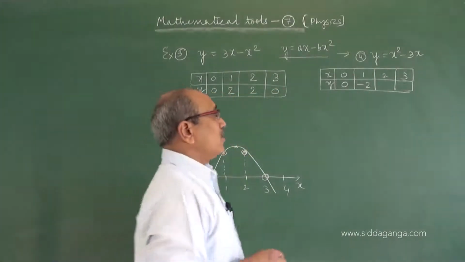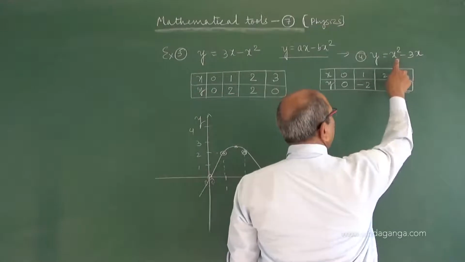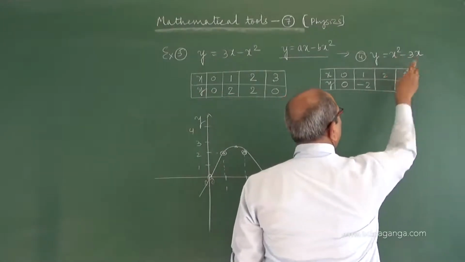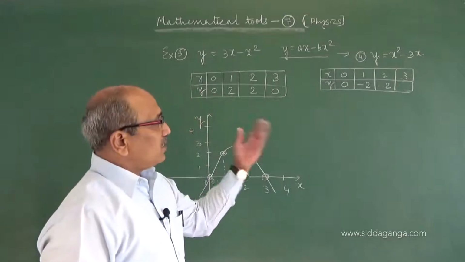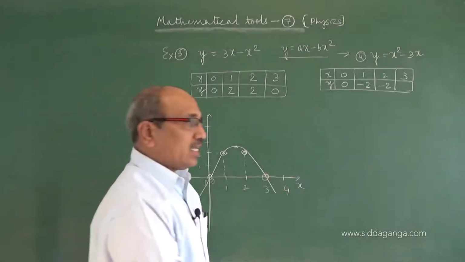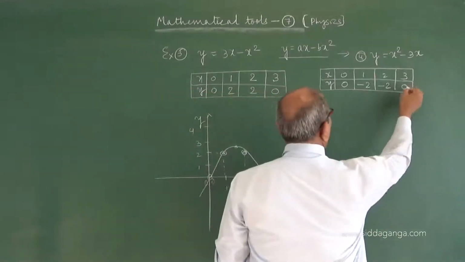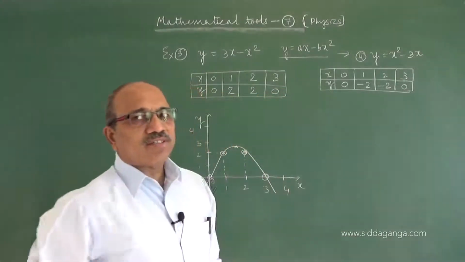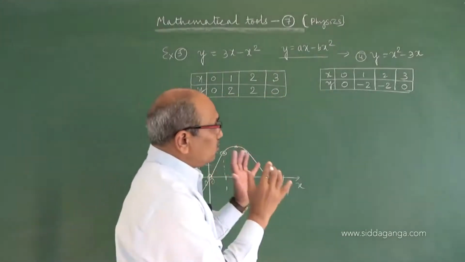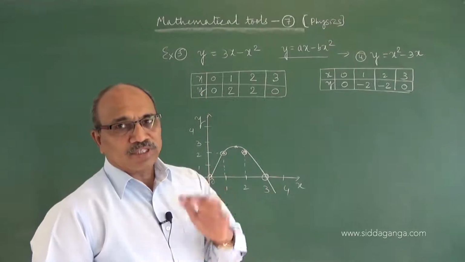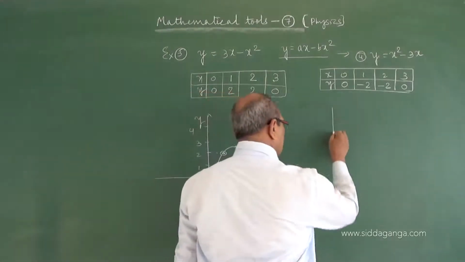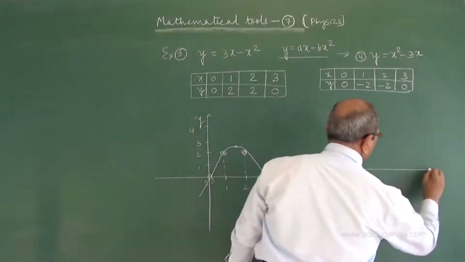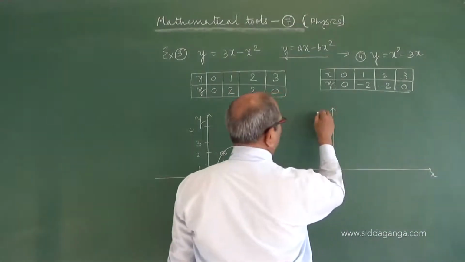If I put 2, 4 minus 6 is minus 2. Again if you put 3, 9 minus 9 is 0. I have taken simple examples so that it should not consume time. Time should be saved and our concept should become clear.